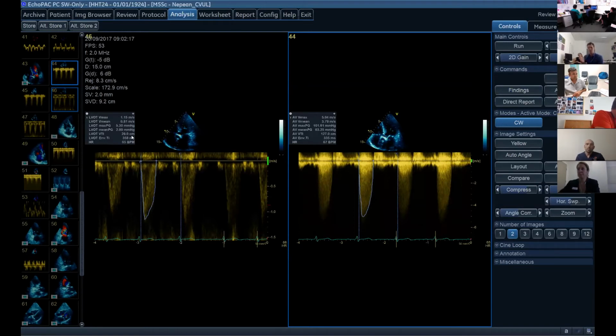And that's a really useful parameter if you've got low flow or pseudo aortic stenosis. Nice. Many years ago, you could use either the ratio of the peak or the VTI, but it seems to be now we use VTI as standard.